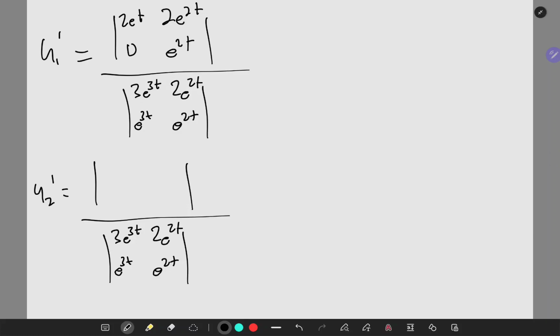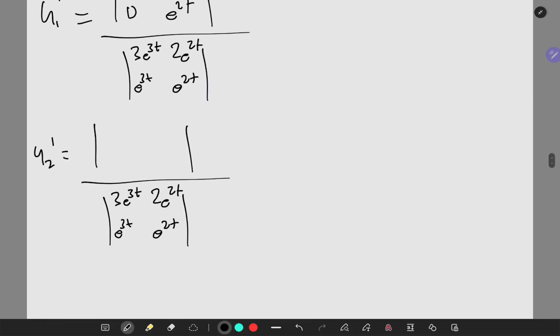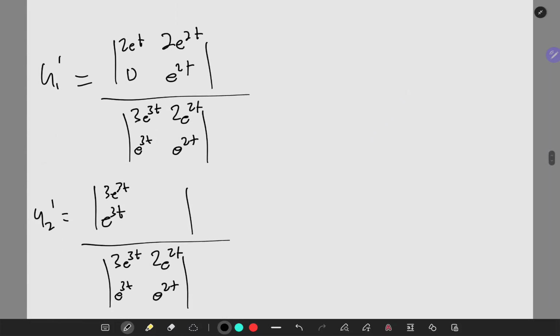And if we had any more, like u3, u4, we would continue to do the same thing. We just replace the third, fourth, fifth columns, whatever. So for u2 prime, this stays the same, so 3e to the 3t, e to the 3t, and then the second column will become 2e to the t and 0.